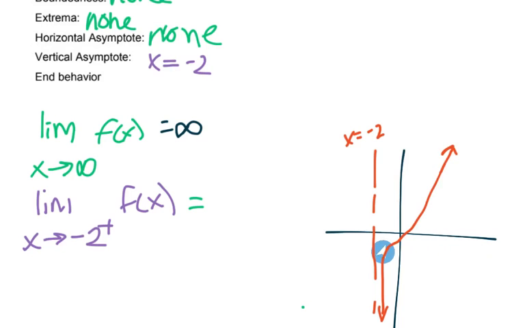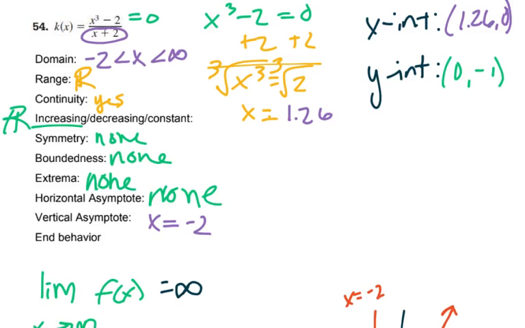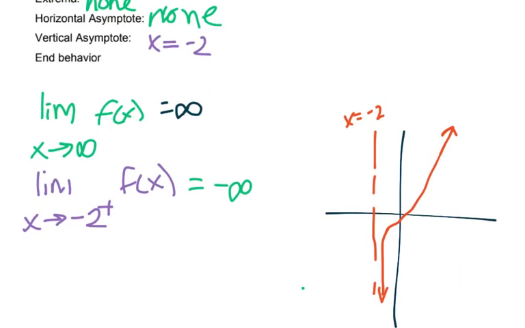We have to come in from the right, and then we also have to stop at -2. And then we'll say that it would go to negative infinity because it's going down. So that's just the mathematical way of saying the equation goes to -2 and then goes down because it's a vertical asymptote.